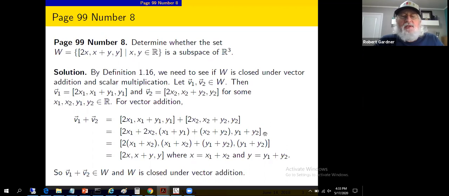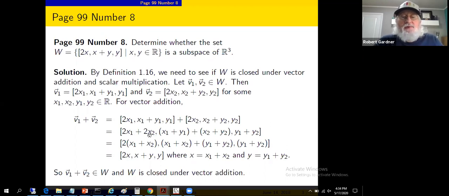Here's the sum. Let's rearrange that a little bit, trying to make it look like this. I want to see 2 times something in the first component. In the second component, I want something plus something else, and then I want the something else on the outside. So I want to see 2 times here, a term here, and in the center, whatever 2 is multiplied by and whatever that component is appearing here. Is this of the form of the elements of W? Well, let's factor 2 out.